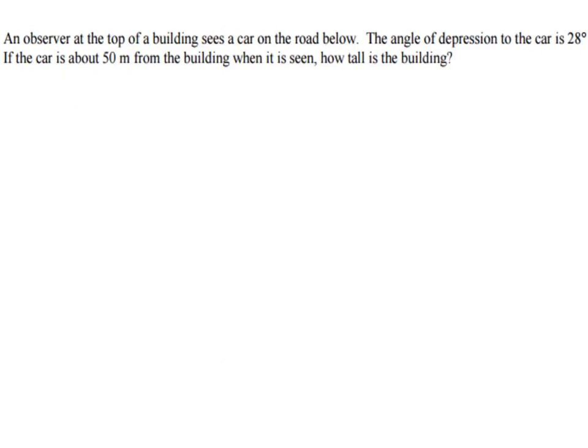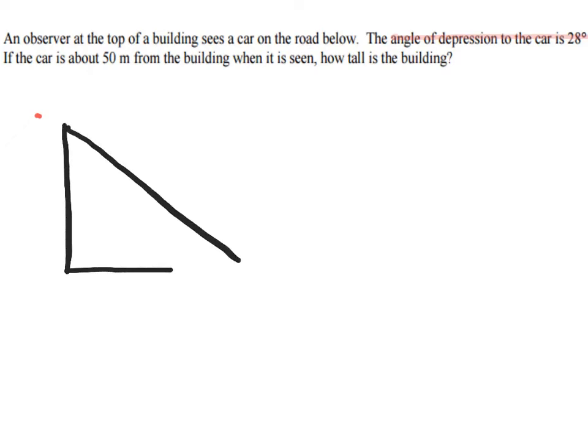For our next example, it says an observer at the top of the building sees a car on the road below. The angle of depression to the car is 28 degrees. If the car is 50 meters from the building when it's seen, how tall is the building? Now, since it's an angle of depression problem, as given that it's an angle of depression of 28 degrees, we can set up our diagram to look something like this, where we have our triangle with our horizontal dotted line and the angle outside, that is the angle of depression.